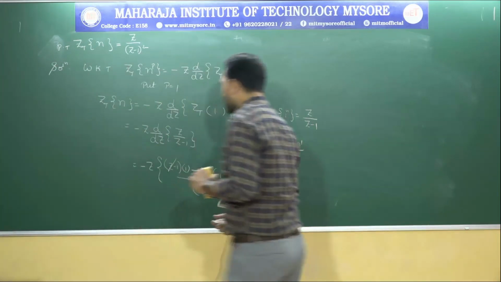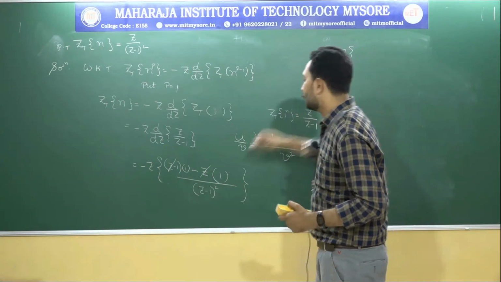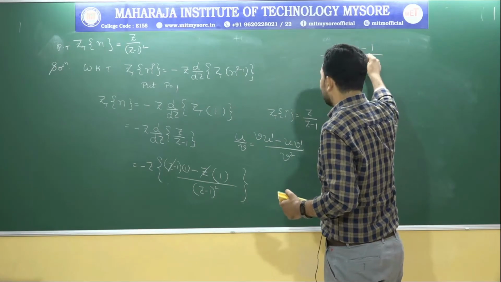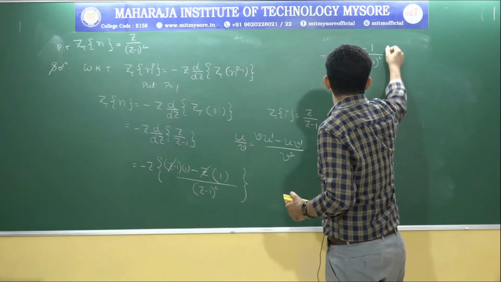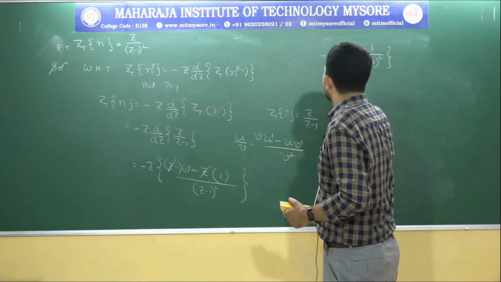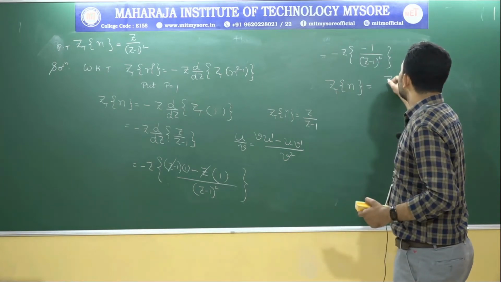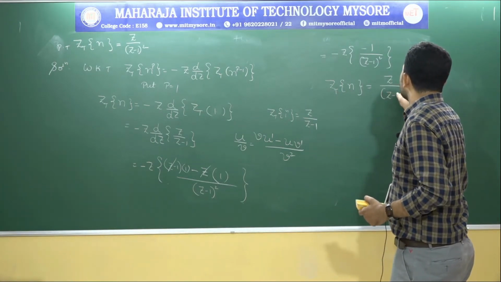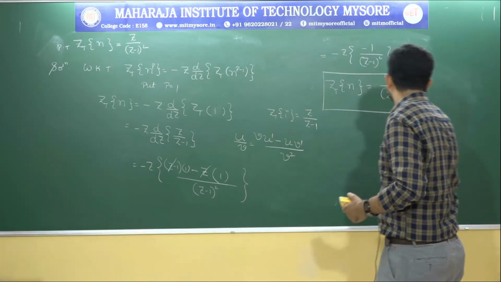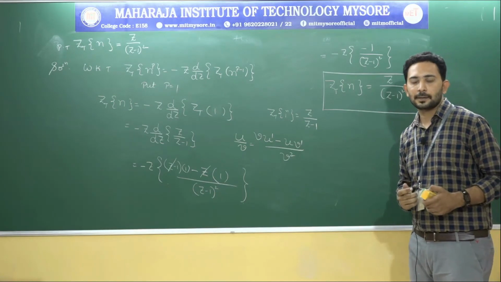Next, we'll remain with minus z into minus 1 divided by z minus 1 whole square. So multiply this minus z inside, and we'll get the z transformation of n equals z divided by z minus 1 whole square. So this is the required result.